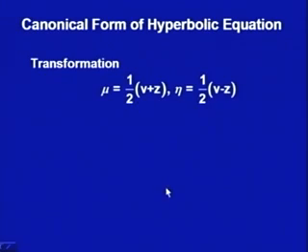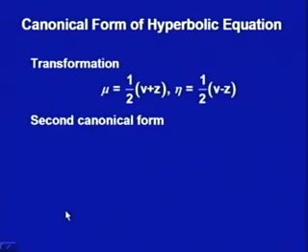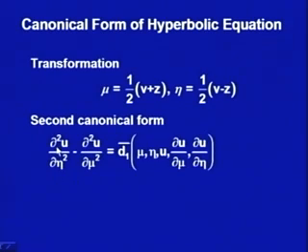If I introduce these new variables, then that canonical form would change to del 2 u over del eta 2 minus del 2 u over del mu 2 is equal to some function of mu, eta, u and the first derivative with respect to mu and the first derivative with respect to eta. This is also known as the canonical form of the hyperbolic equation.